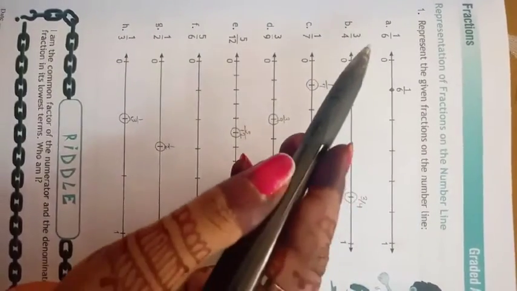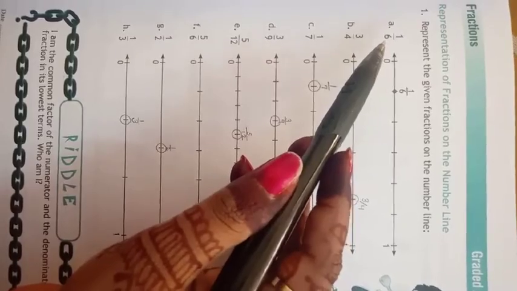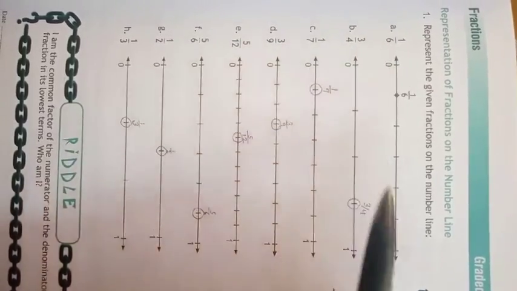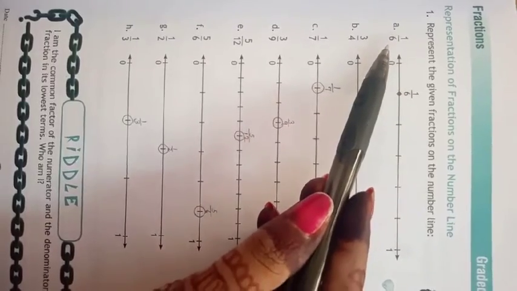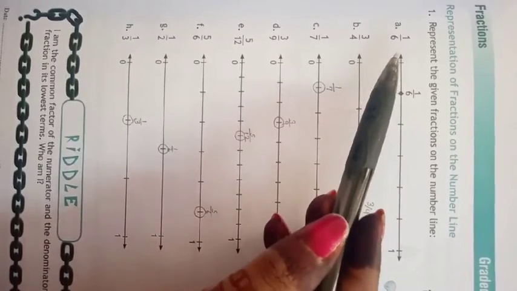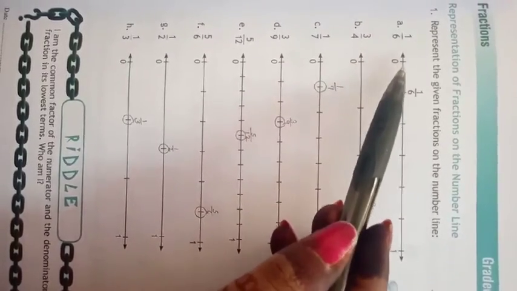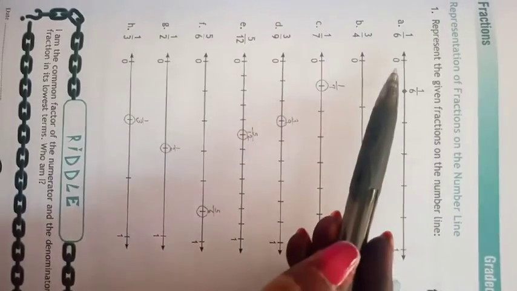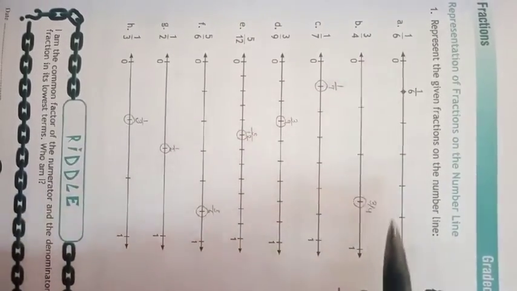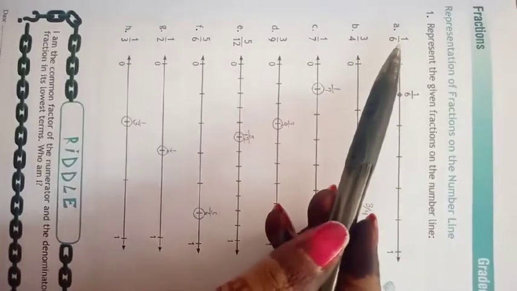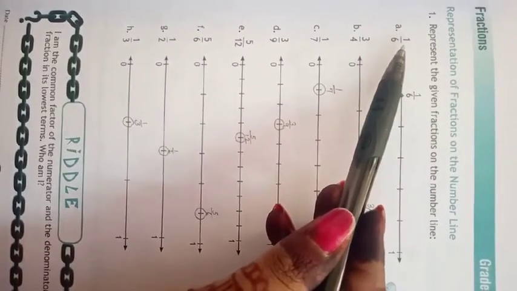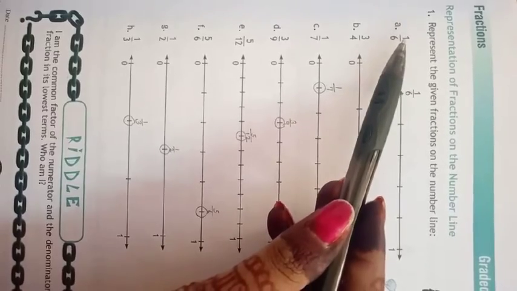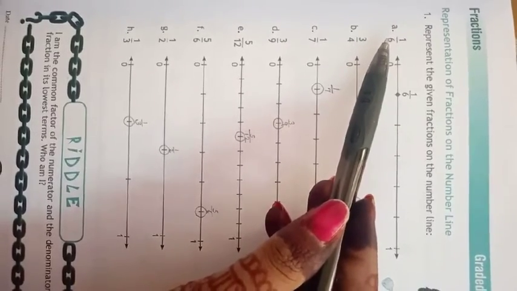ओके 1 अपॉन 6. बट अगर आपसे कहा जाता सिर्फ 6 है तो आप 0 1 2 3 हम इस तरह से उसको रिप्रेजेंट कर देते. बट हियर वी हैव गॉट 1 अपॉन 6. So how can it be represented? See this number line. Okay, here we have written 0 and here it is 1. First of all, whenever we will be having a proper fraction, okay, proper fractions कौन से होते हैं? जिसका न्यूमरेटर छोटा होता है, डिनोमिनेटर बड़ा होता है.